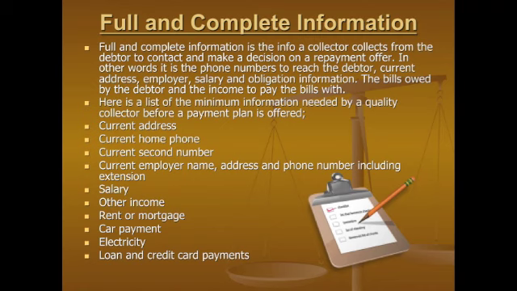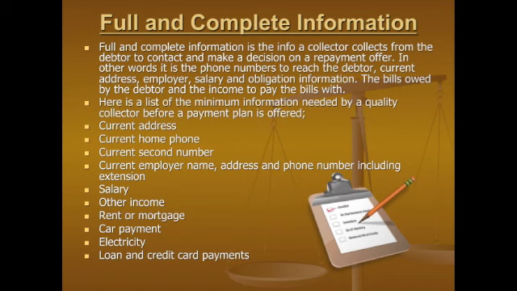First of all, let's talk about a list of what really is the quality information that a collector should actually gather from the debtor. We're talking about current address, phone number, a second phone number. We're talking about the employer, the employer's address, and the employer's phone number. We're talking about the salary that the debtor makes.